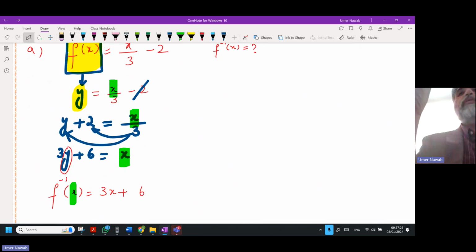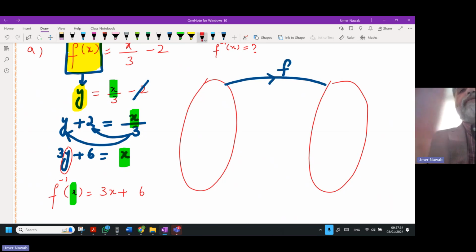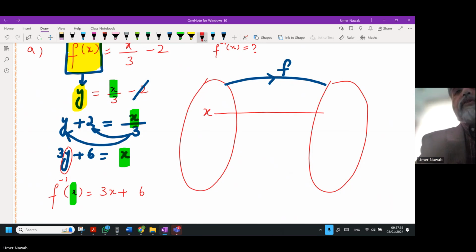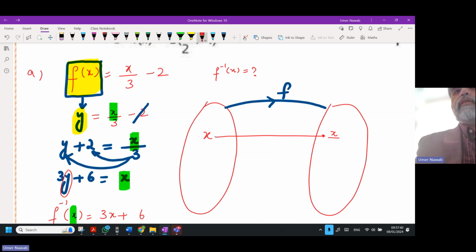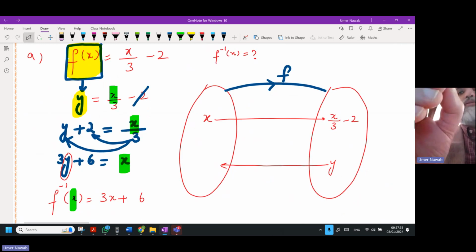Let me explain diagrammatically what I did. If this is x, you get the answer x over 3 minus 2. If you put in y, what are you going to get? You're going to get 3y plus 6.